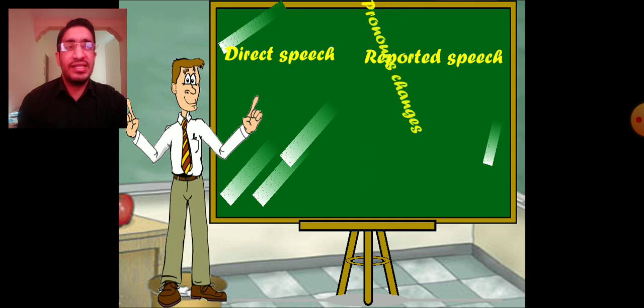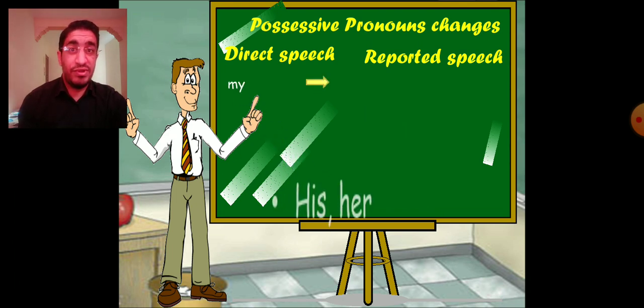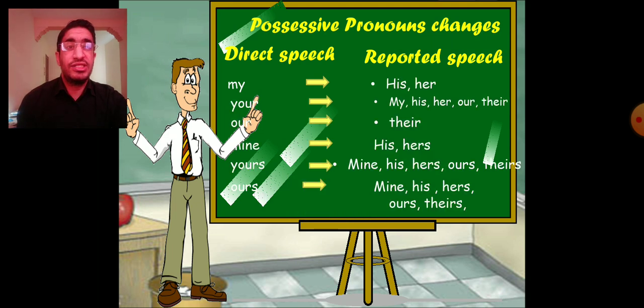And as I said earlier, also the possessive pronouns or adjectives. So mine becomes his or her. It depends again on the gender. And so forth. So your, our, mine, yours, ours: this is in the direct speech, and we need to change it to reported speech as follows.